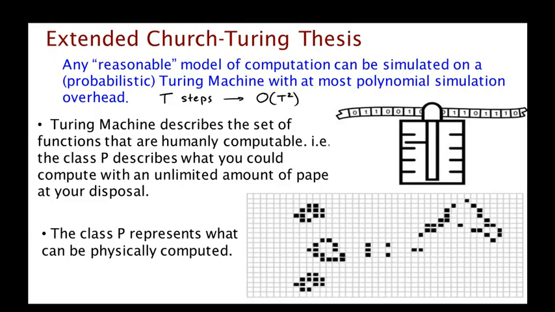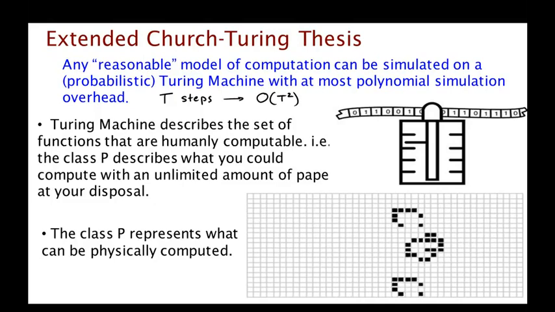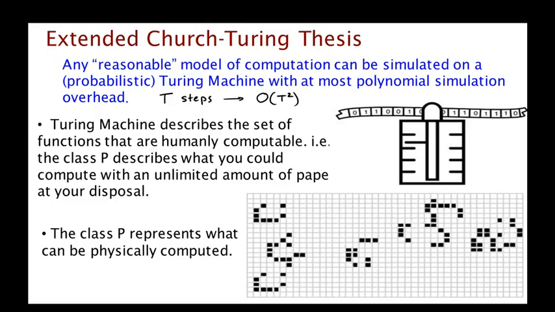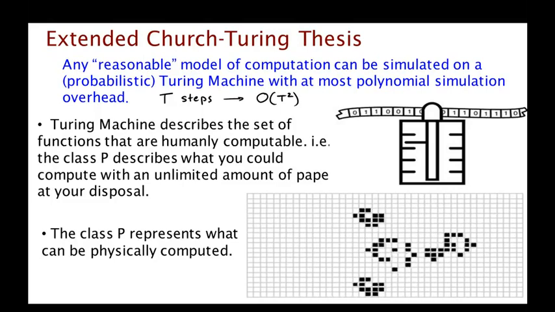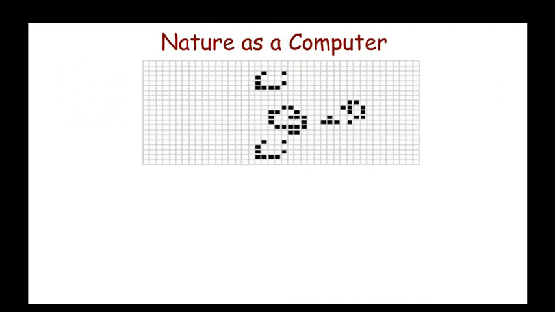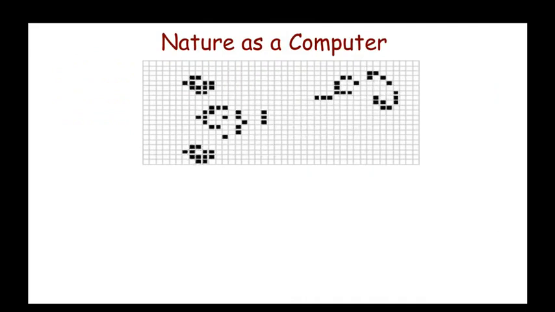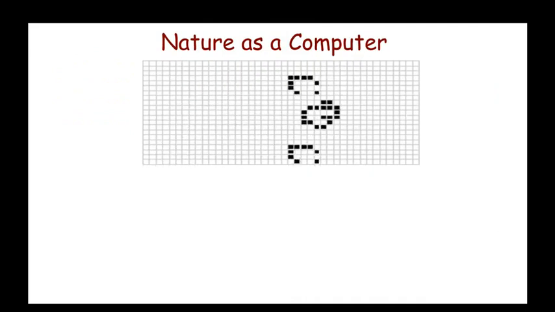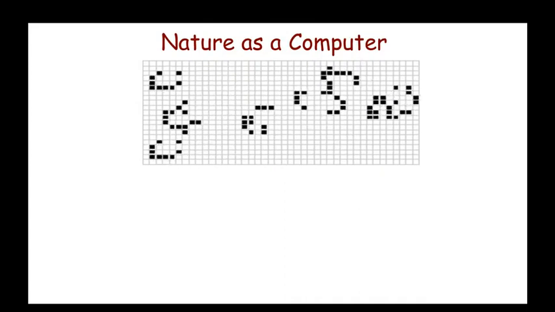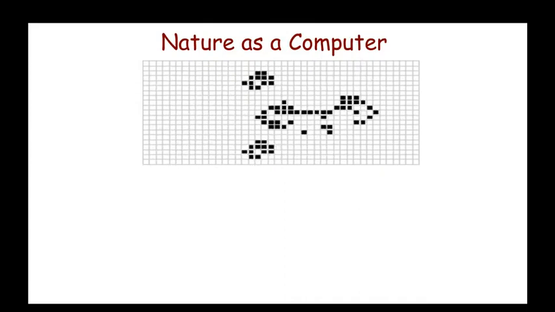So why is it that a cellular automaton, by the way, this is a cellular automaton that's simulating what's called the game of life, right? Conway's game of life. Okay, so what is it about a cellular automaton that makes it such a convincing model for anything that can be computed in the classical universe?